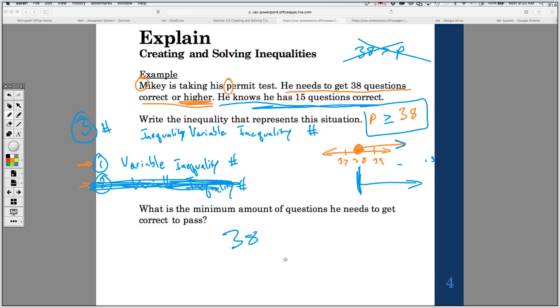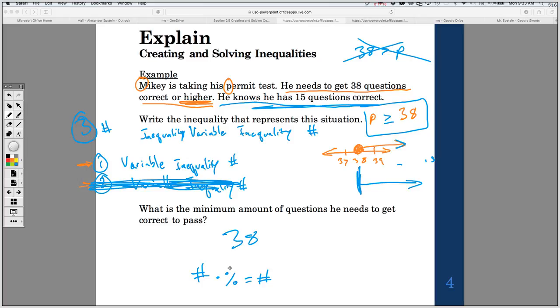I have a question. Yeah. What if we knew how many questions there were in total? You could find, like, say, to pass he needed 60%. You could find out what the total is. Yeah, so you say number times a percentage equals a number. Let's say that you wanted 60%.